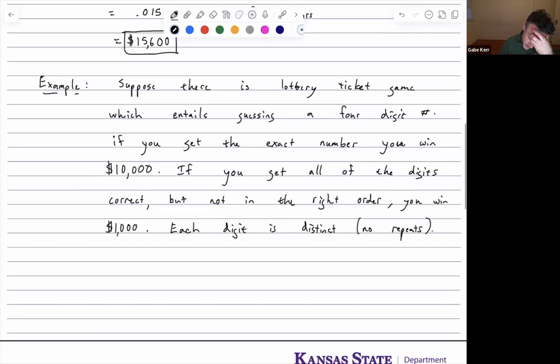Now, in this lottery ticket game, the lottery wants to make $3 per ticket sale.